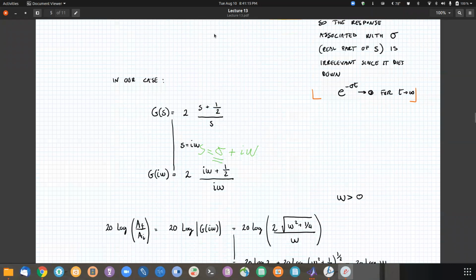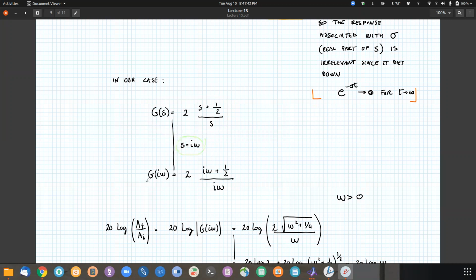So what we need to do, and that's exactly what we're going to see right now, you take your transfer function. For our example, that was 2 times s plus 1/2 over s, and we substitute s equals i omega.